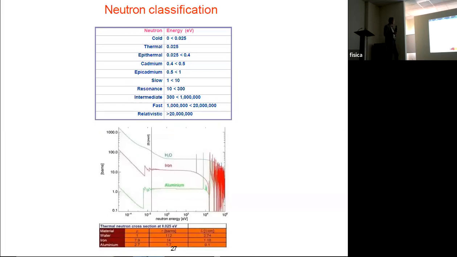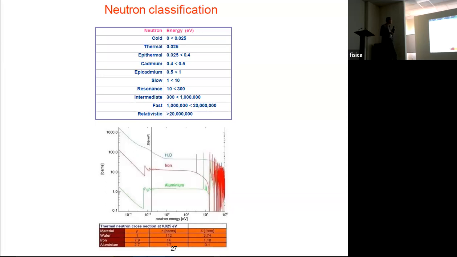So now, a more precise division of neutrons by energy. You can see in this table, first of all, neutrons with energy less than this value, 25 millielectron volts, are called cold neutrons.